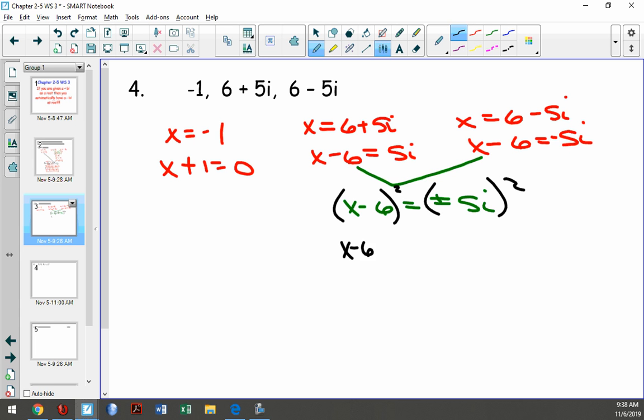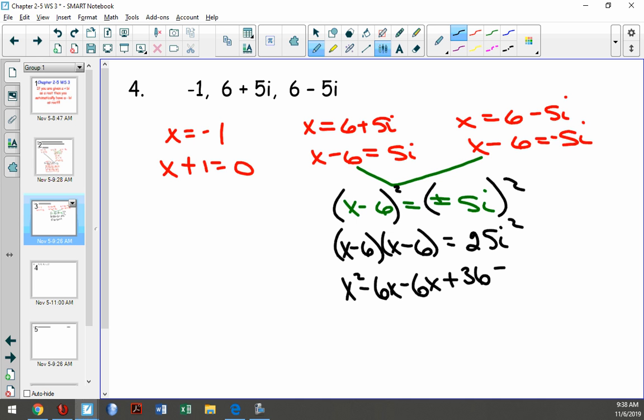So that's x minus 6 times x minus 6 is equal to 25i squared. X squared minus 6x minus 6x plus 36 is now equal to what number? Negative 25 is correct. Why? Because i squared is equal to negative 1.